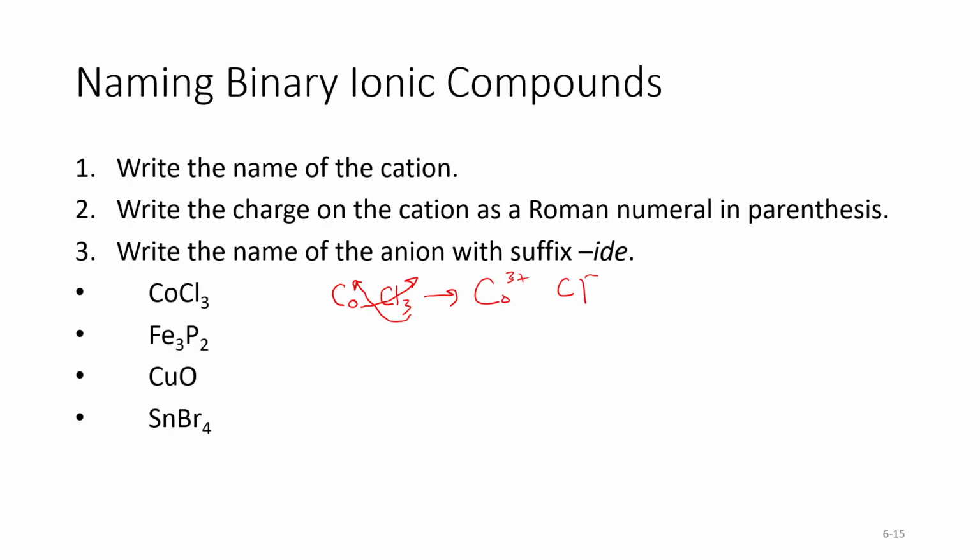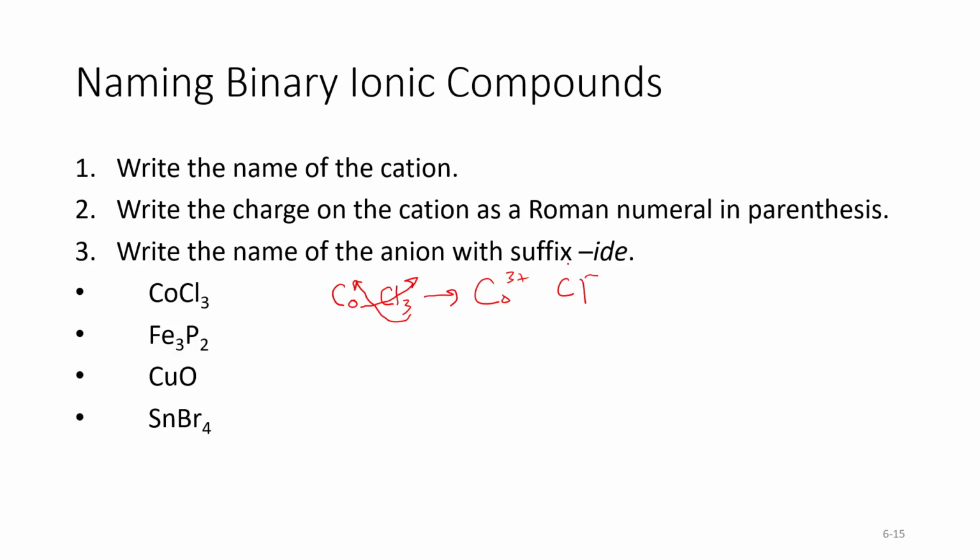Remember, the metal is always going to have a plus charge, and the nonmetal is going to have a negative charge. Where did the 3 come from? The 3 came from this chlorine; we flip it up. Where did the 1 come from? For cobalt, it's assumed that there's 1 here, because otherwise we wouldn't write cobalt. So there's at least one of them. We flip up that 1, and that's how we get the charge.